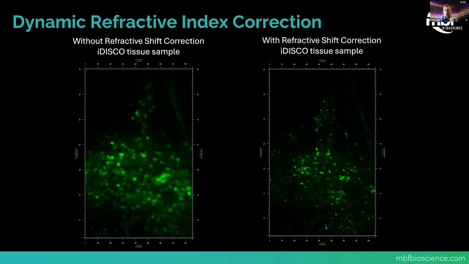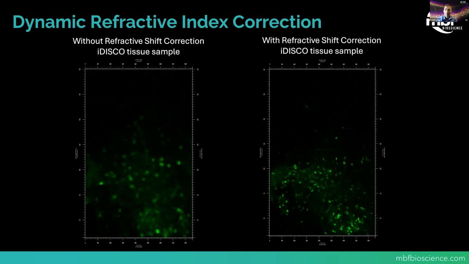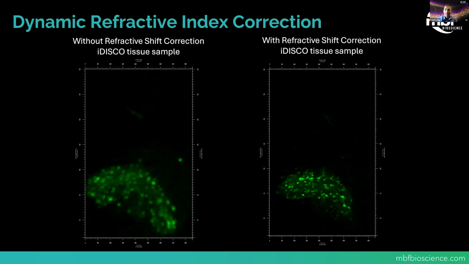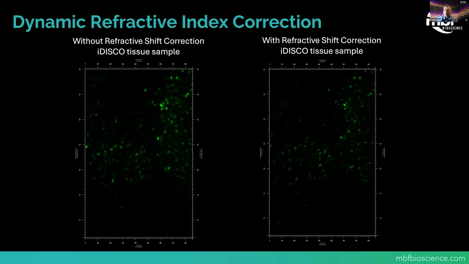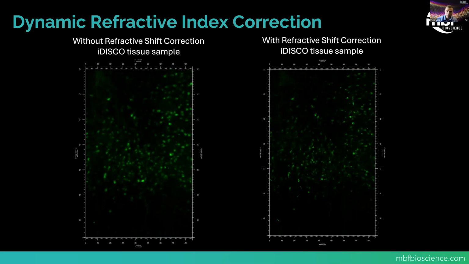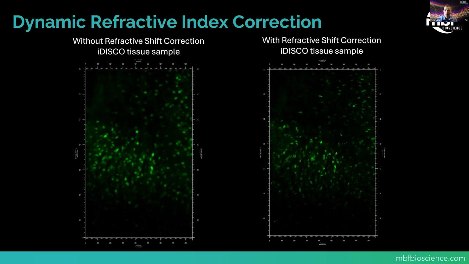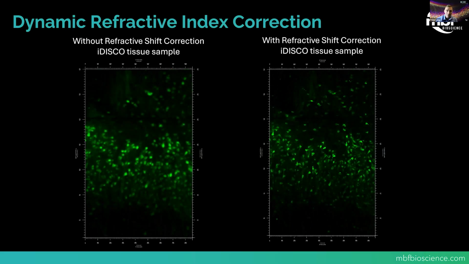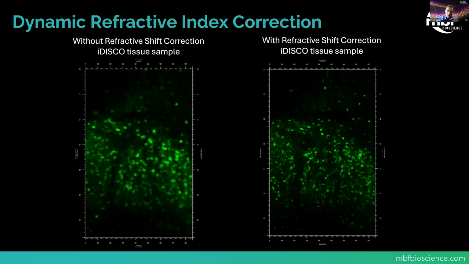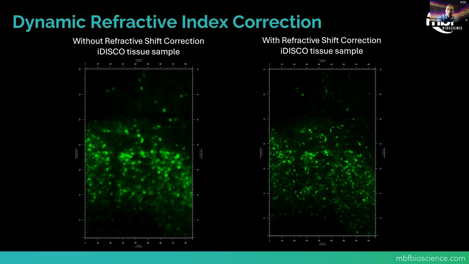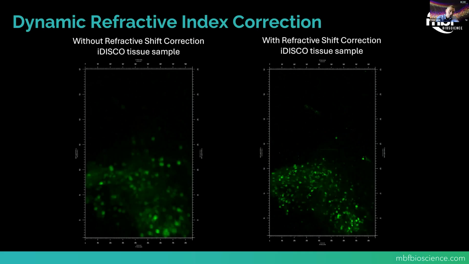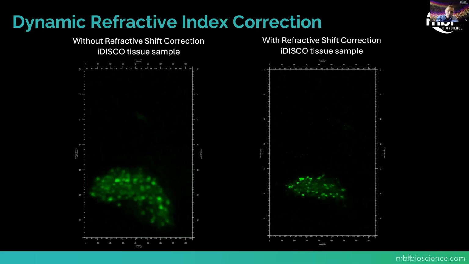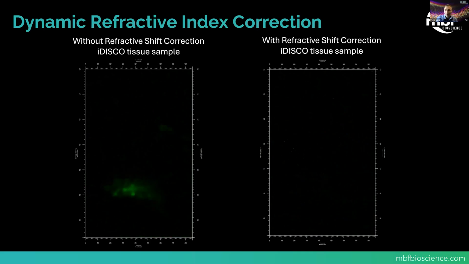On the right, same field of view imaged with correction enabled. And as you can see, we can go through the entirety of the sample and not lose focus of the cell bodies or the dendritic fibers as you go through the sample. And again, this is a real-time correction accomplished during the acquisition itself.